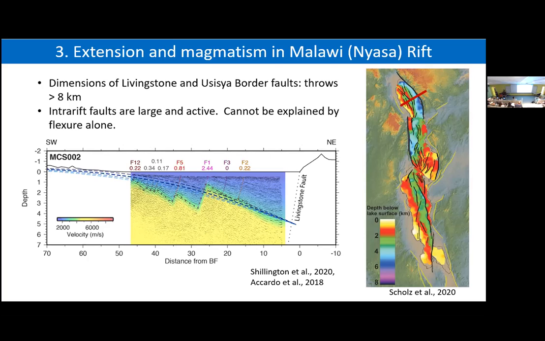Mega. Nonetheless, within the rift, through further imaging, we can characterize the total amount of intra-rift faulting. We see throws not of 8 kilometers, but 3 kilometers. So they're big and they're active, and from our work, we can see that they've had a significant contribution to rift opening.